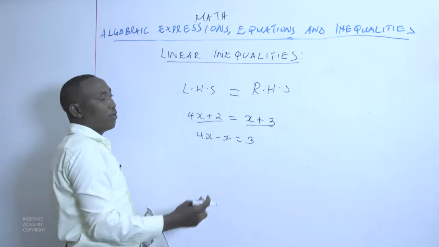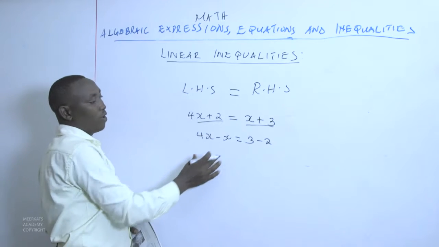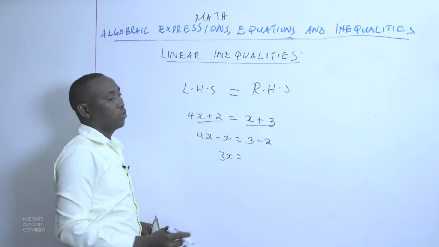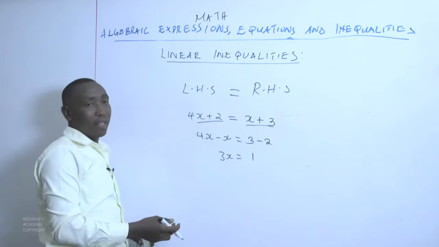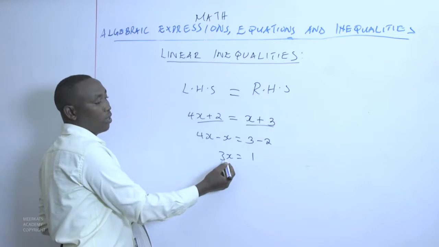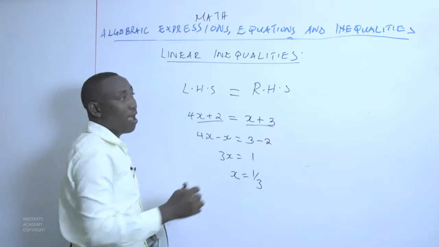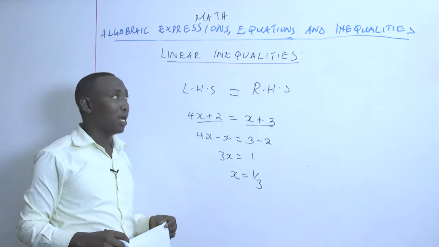When this 2 crosses the equal sign, it becomes minus 2. When you solve the left-hand side, you remain with 3x is equal to 1, since 3 minus 2 is 1. To get the value of x, we divide both sides by 3. You get that the value of x is a third. So that is what we were looking at in our last lesson.